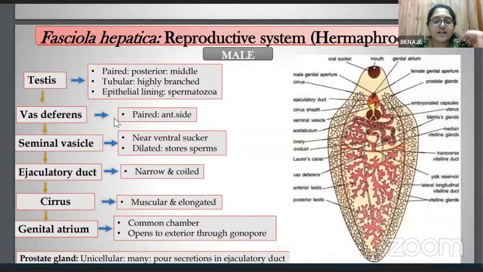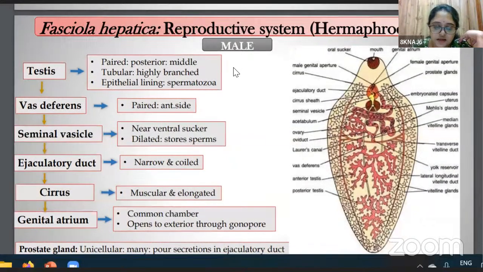Spellings are slightly wrong in this particular PPT that I'm showing you, but you can see the correct ones in your textbook, basically. Seminal vesicle. You have the ejaculatory duct. You have the cirrus, or the penis, and the genital atrium. That is the common chamber into which the male sperms get.